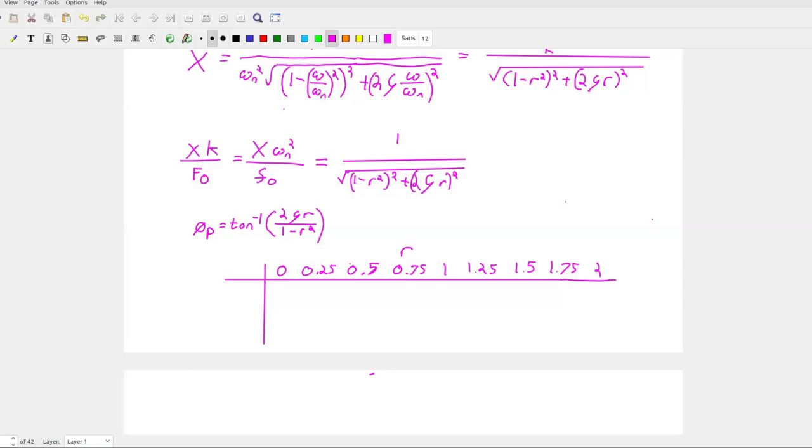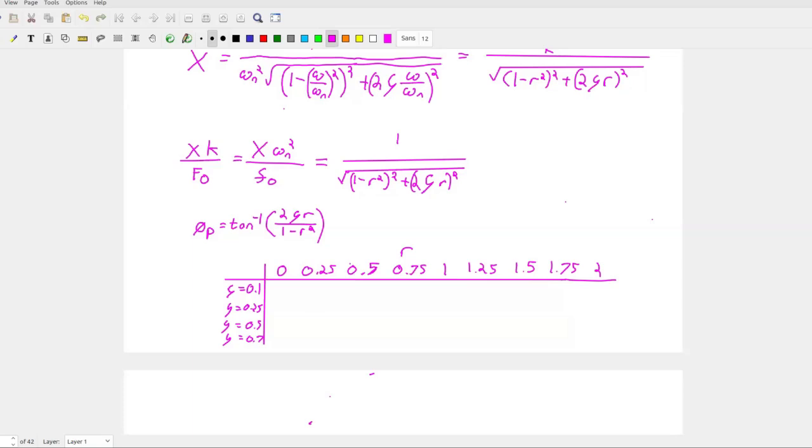Right? And I could take a bunch of zeta values. Let's go zeta equals 0.1, so a very underdamped case, add a little bit more, zeta equals 0.25, zeta equals 0.5, and zeta equals 0.7. We still want it underdamped because we still want things that vibrate.